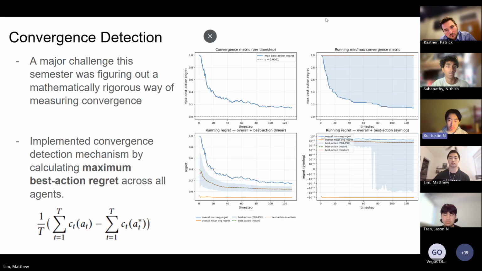You can see these are just some plots that we generated over the semester. You can see that our convergence is going down, which is a very good sign. It suggests that our model is working as intended, and that our agents are learning as intended.